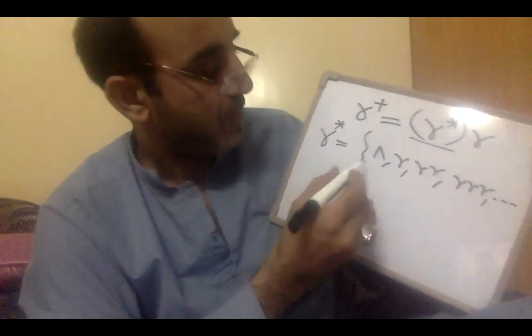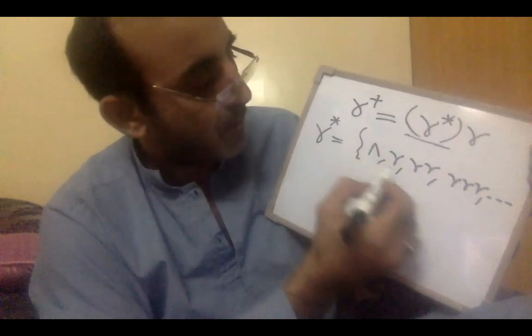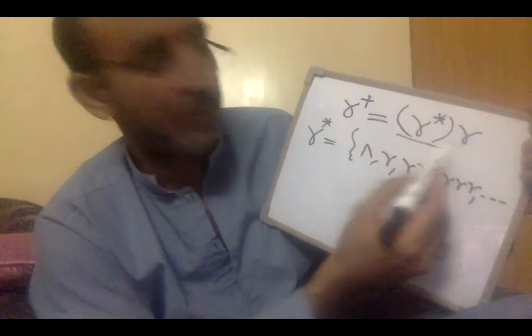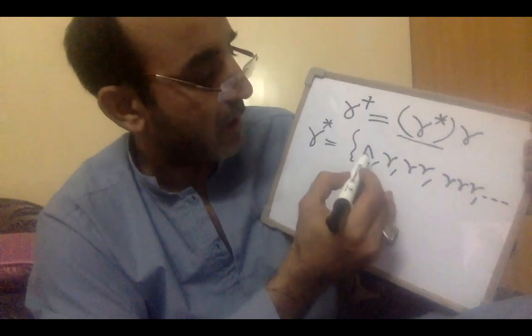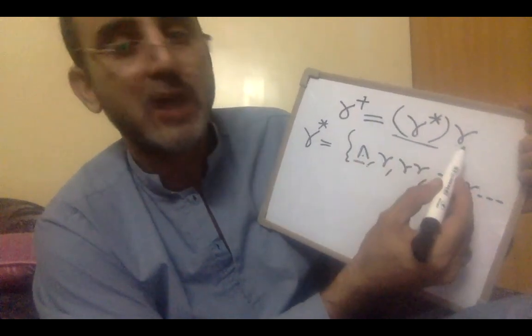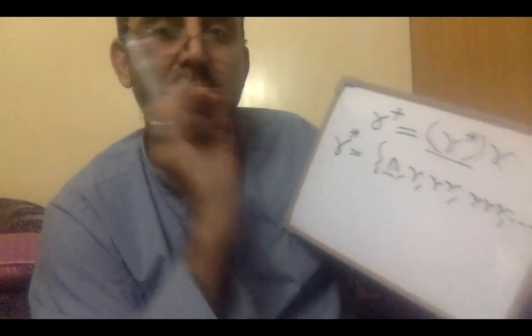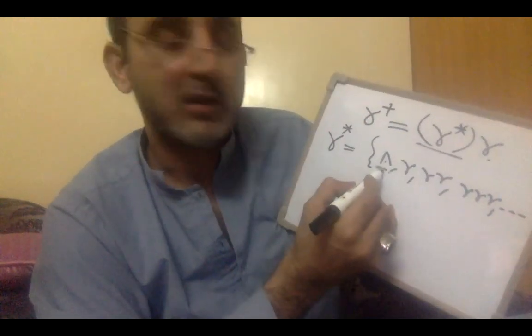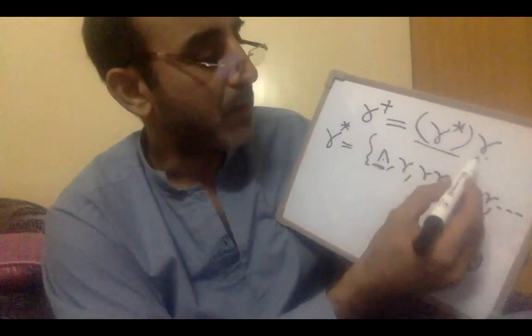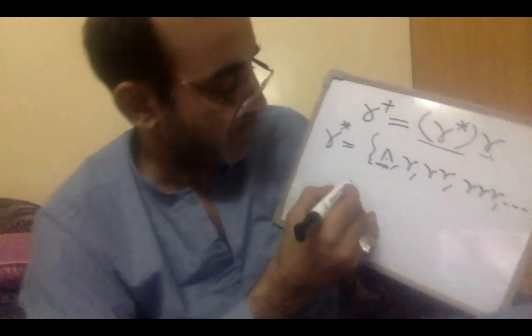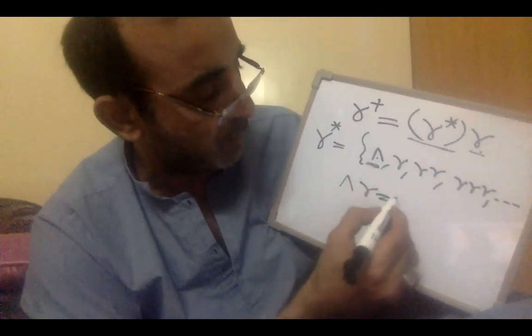So now you can multiply all these elements with this one. Take this one, null, multiply with this R, what you will get? R. When a null element is multiplied with this R, for example, null and R, what would be the result?